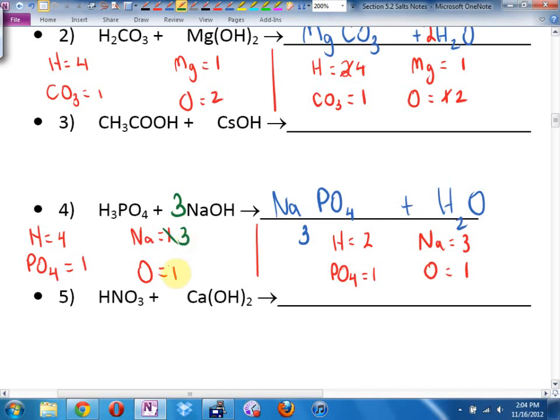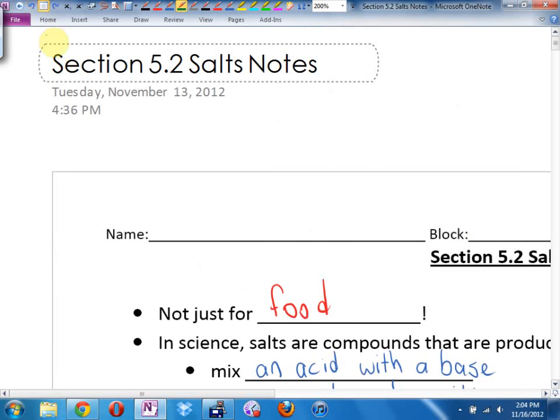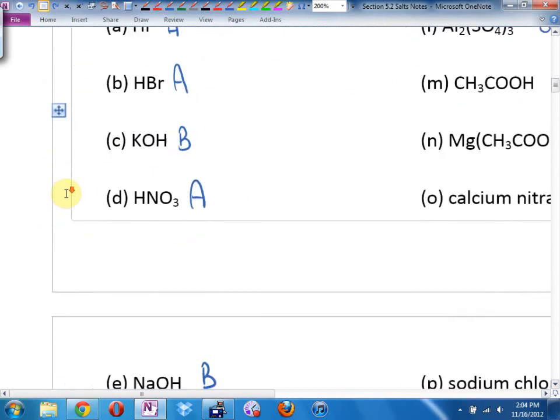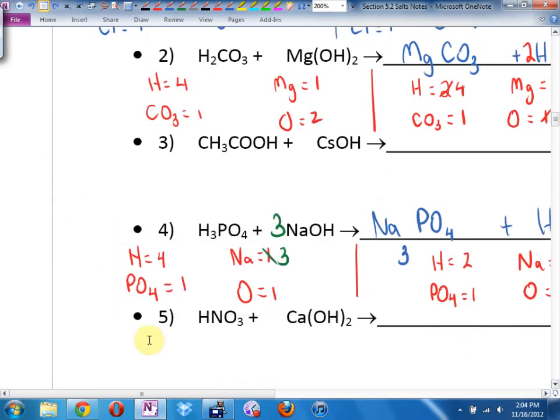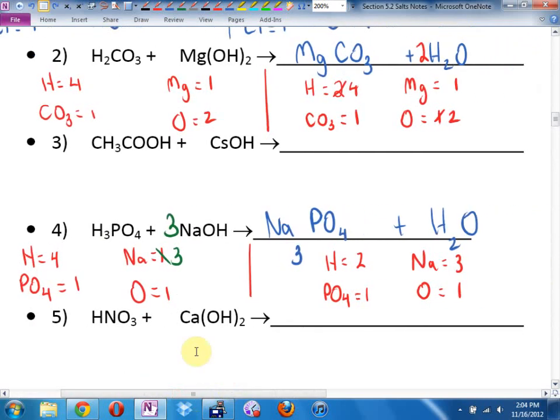Changes the number of oxygens to 3. And it changes the total number of hydrogens. 3 in the front and 3 in the second one. 6. Okay. Hey, sodiums match. Woohoo!